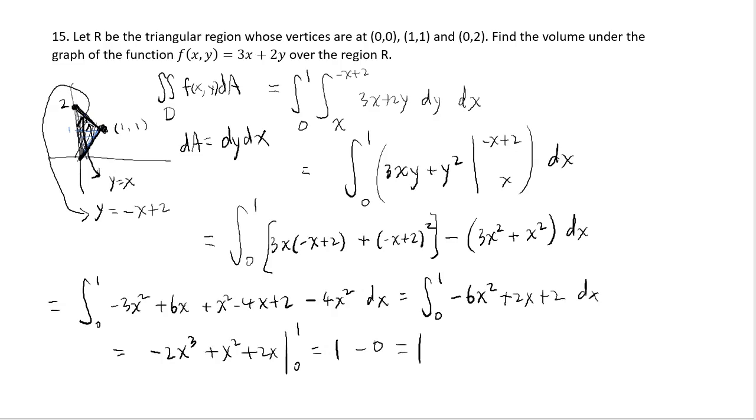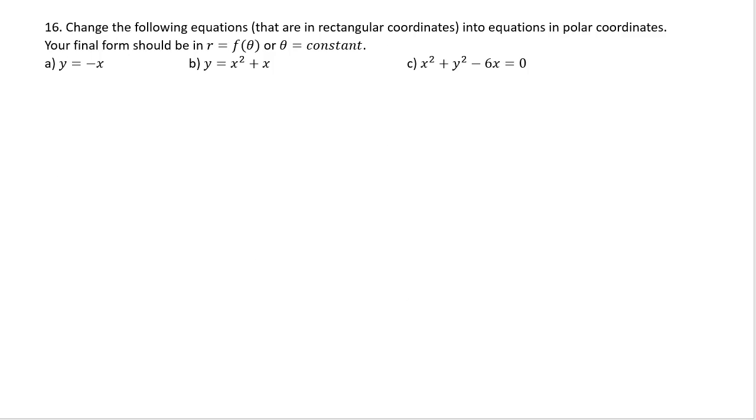Alright, next. Change the following equations into polar coordinates. Now, you have to know how to go back and forth between polar and rectangular, and basically this picture explains everything.